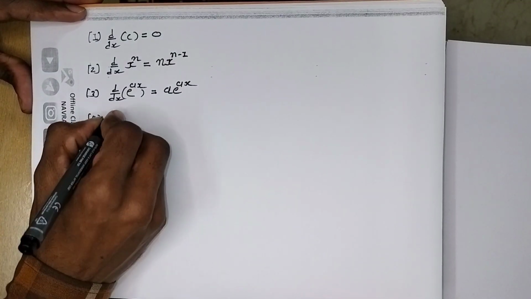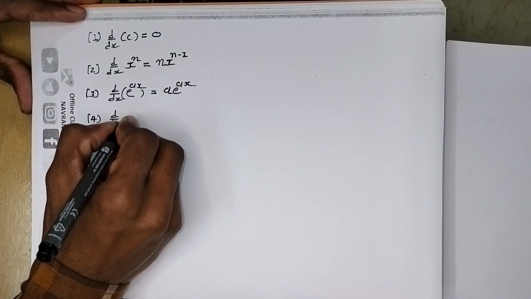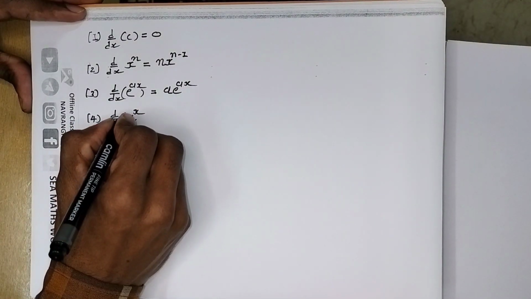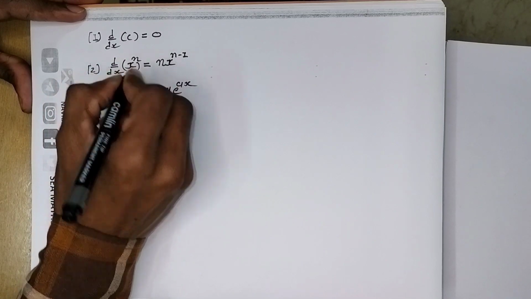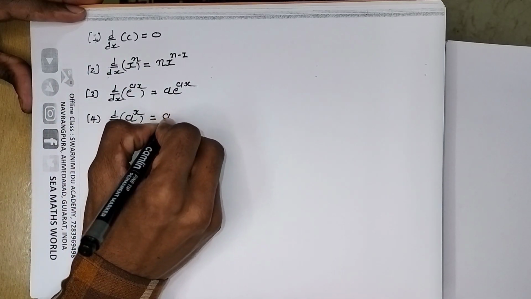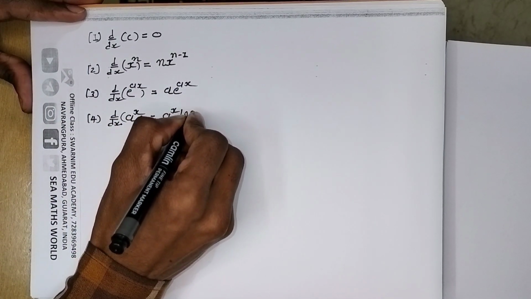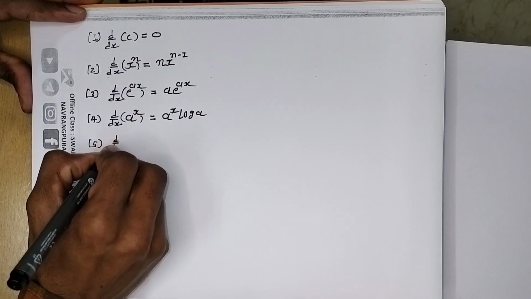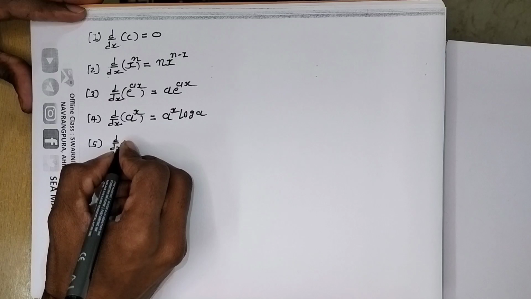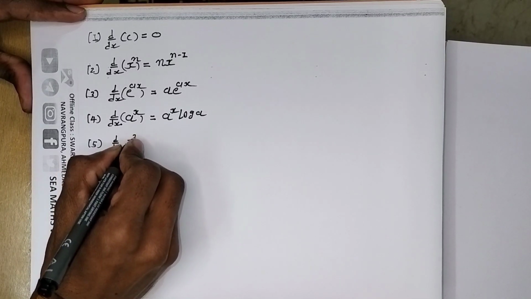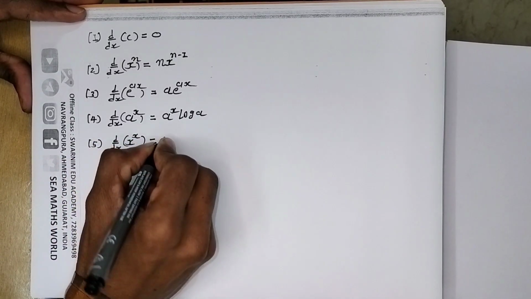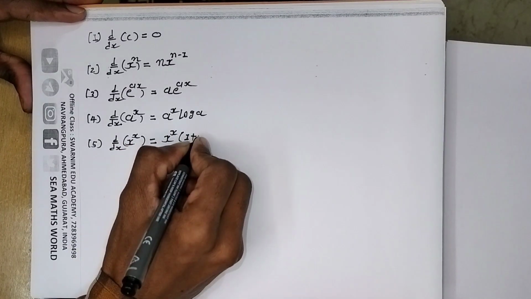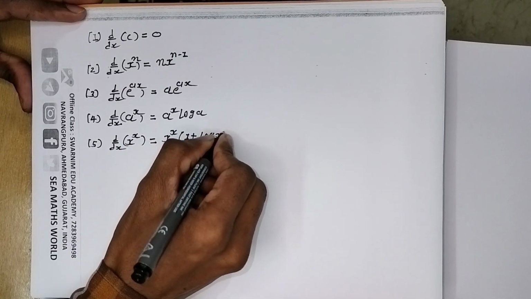Next was differentiation of a raised to x is equal to a raised to x log a. Next, differentiation of x raised to x is equal to x raised to x into 1 plus log x.